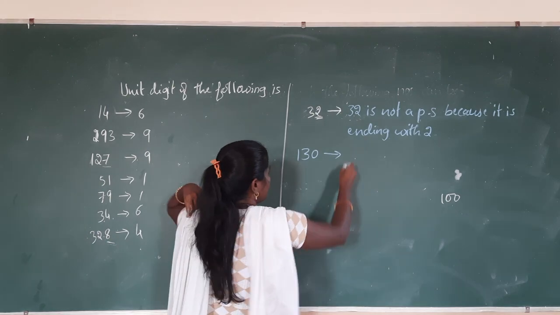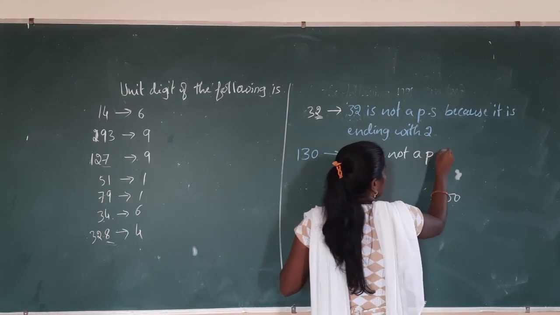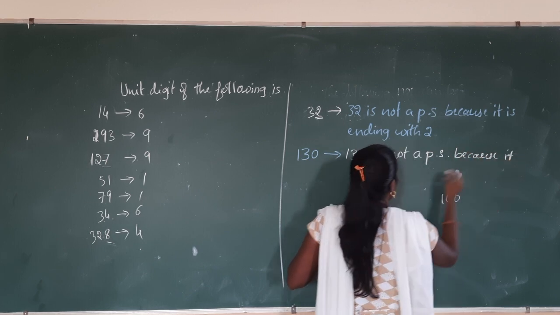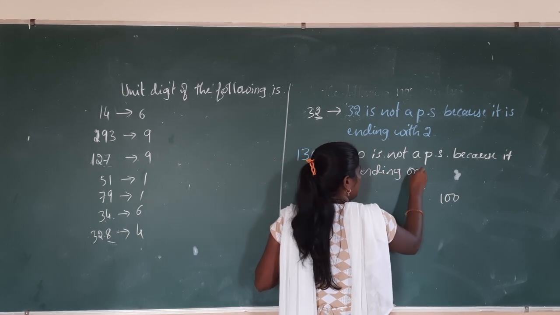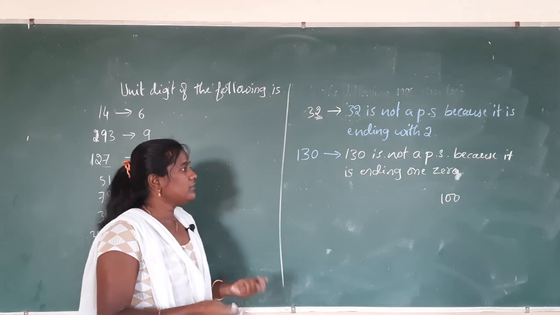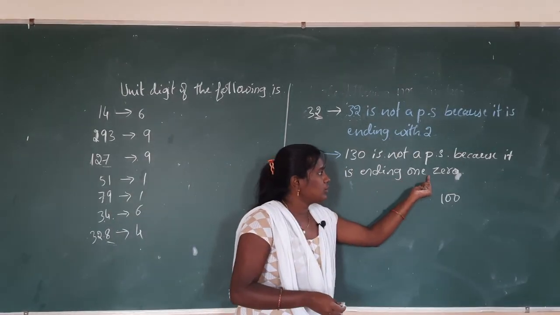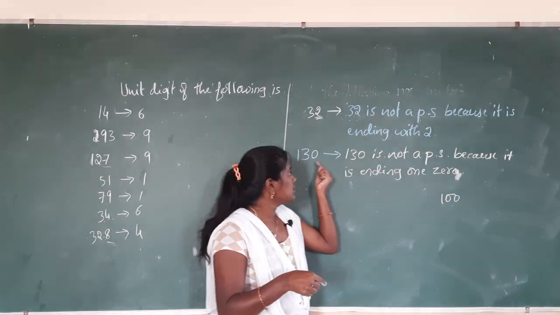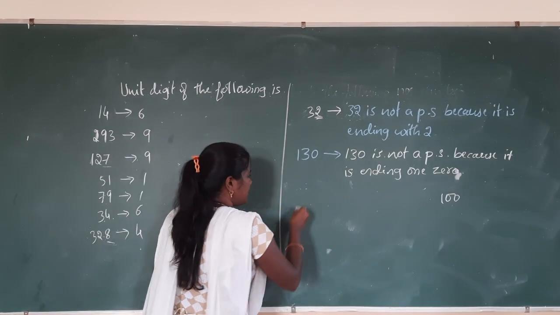Here 130 is not a perfect square because it is ending with only one 0, a single 0. Or you can write that it is ending with an odd number of zeros.